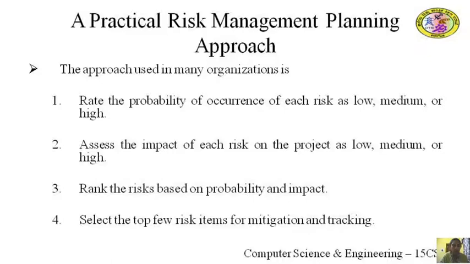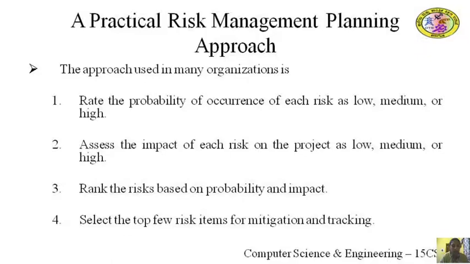1. Rate the probability of each risk happening as low, medium or high. 2. Assess the impact of each risk on the project as low, medium or high. 3. Based on the probability and effects of risks on the project, rank the risks.